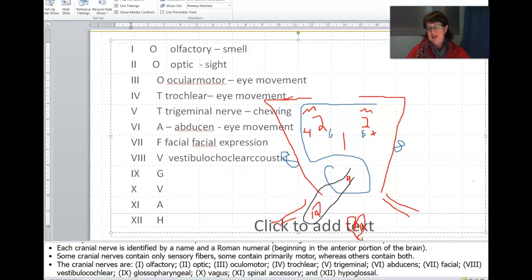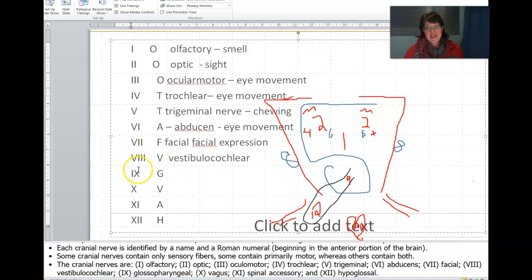Cochlear, because, sorry, it used to be called the acoustic way back when I first learned this in university, and they've since changed it to the vestibulocochlear. Cochlear, that's still not spelled right. Cochlear. And the cochlea is the part in the ear that helps with hearing.